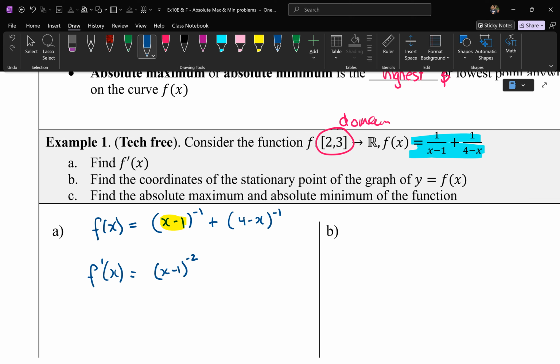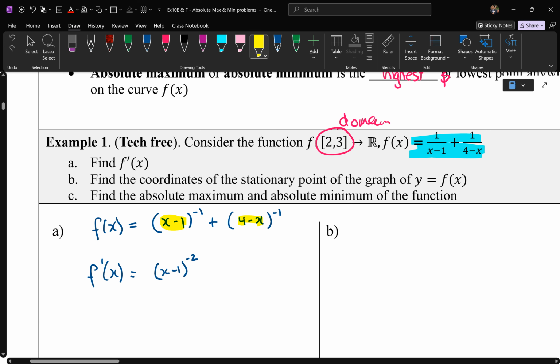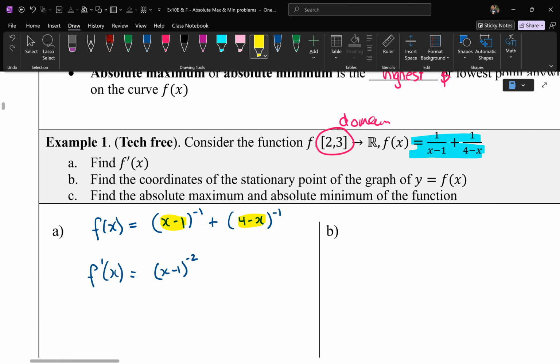Okay, good. Then the second one, if you derive it again, derive the inside. Notice derivative of negative x will become negative 1. So that means there should be a minus 1 on the outside. So this one, I didn't write the 1 because the derivative of x is just positive 1. And then, again, minus 1 take away 1 is minus 2.